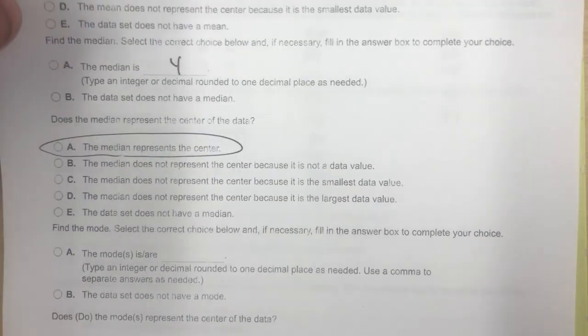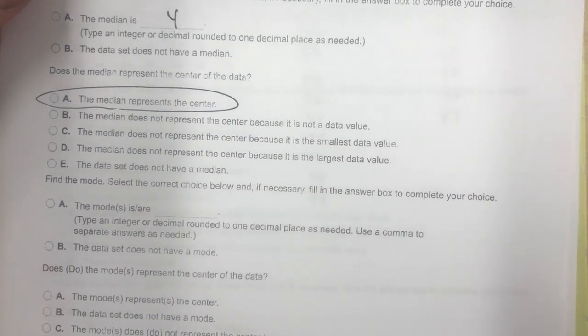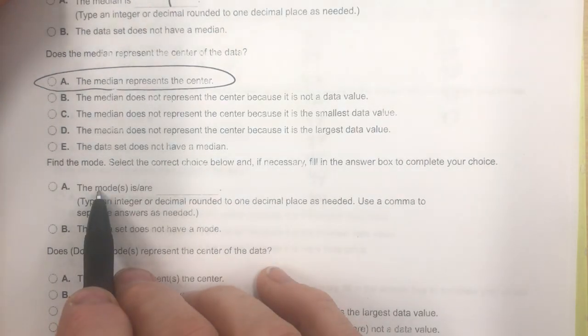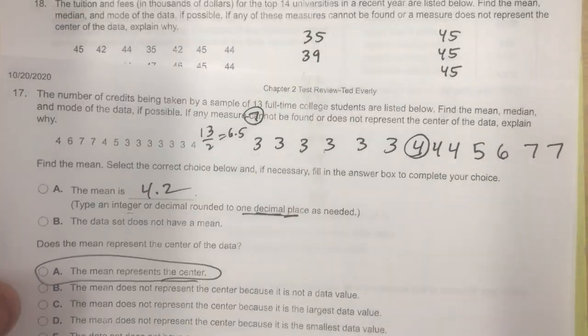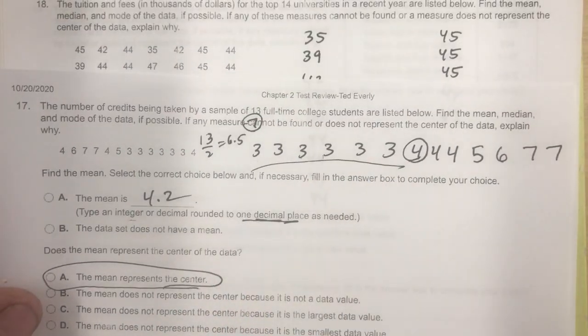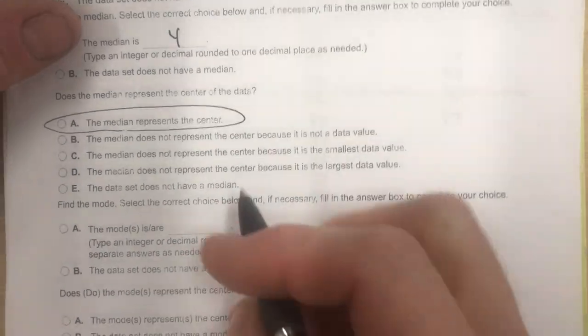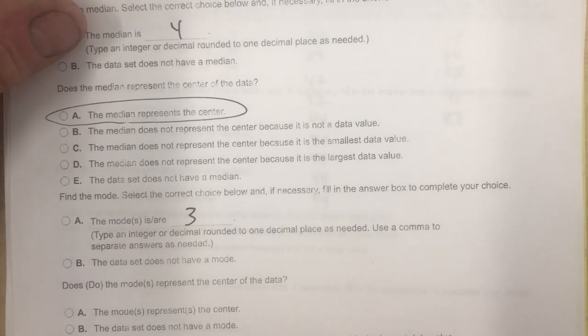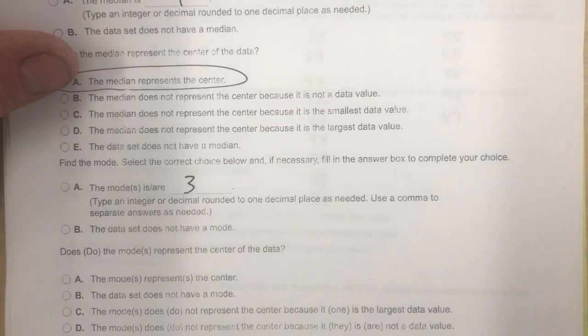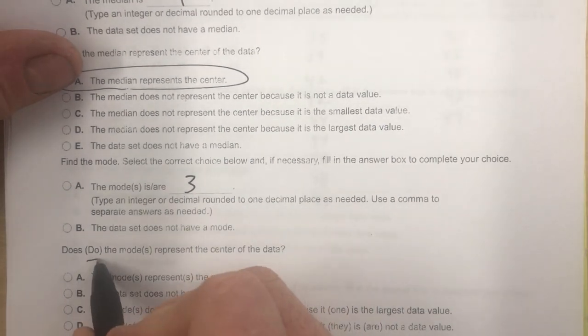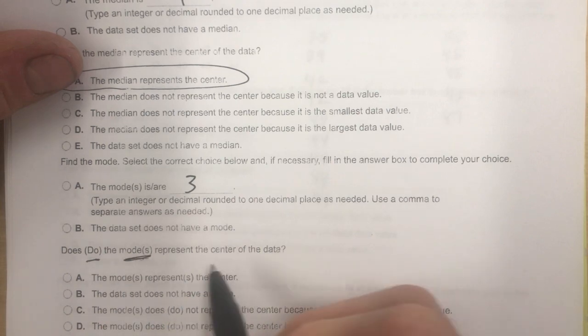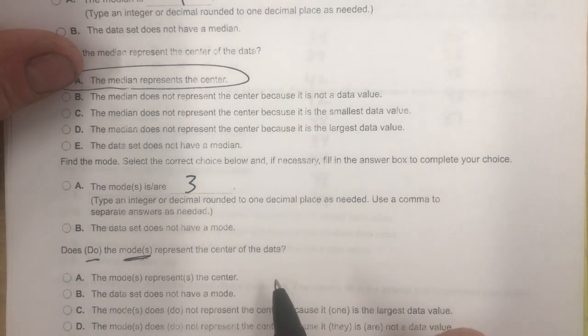now, what about the mode? This says find the mode. All right, so look at my numbers here. Obviously 3, I've got more 3s than anything. So my mode is 3. Okay. Does or do the modes represent the center of the data?